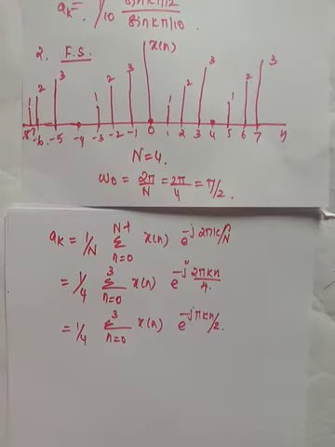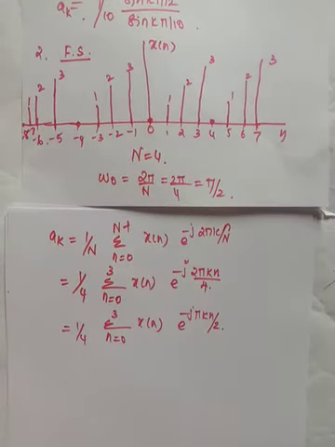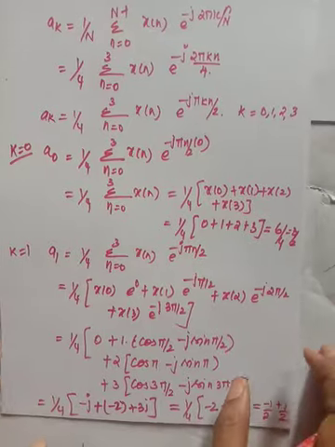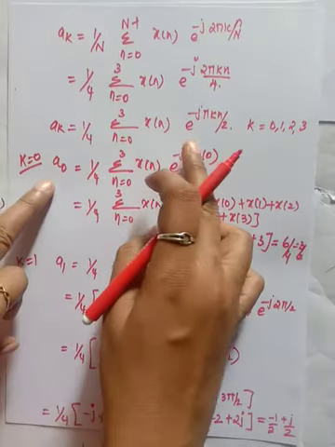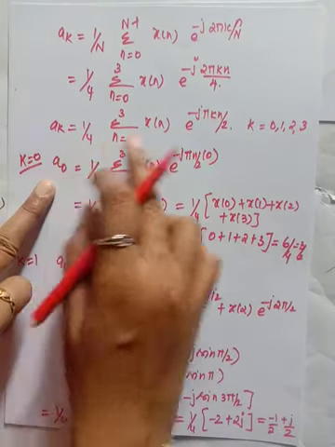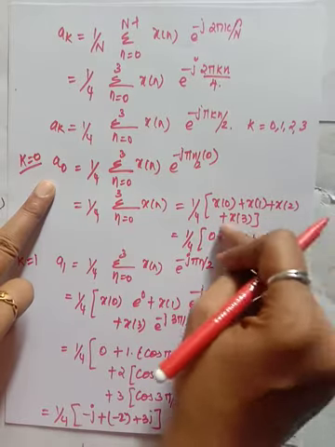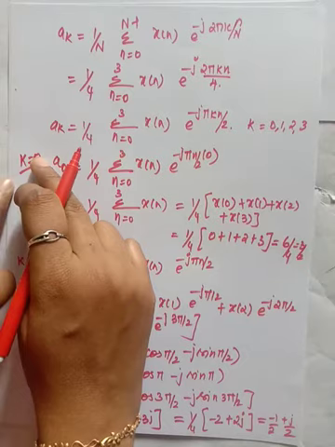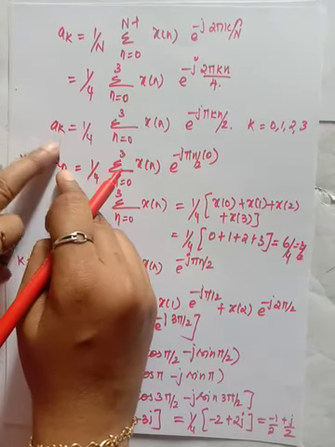So what you need to do is find out by substituting different values for k as well as n. We may not be able to simplify this formula because of the different values of x[0], 1, 2, 3. So here I am going to substitute k equal to 0 in this equation, a_0.